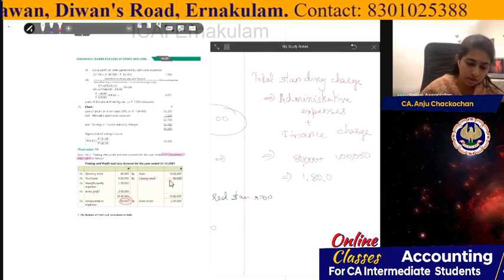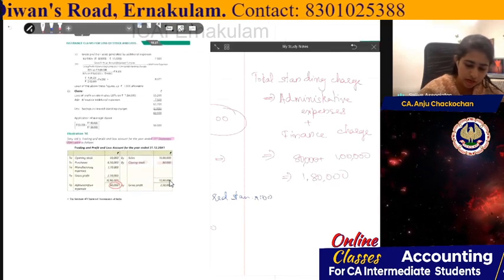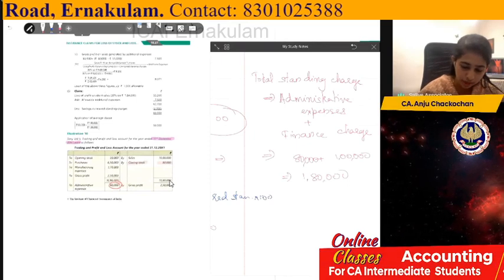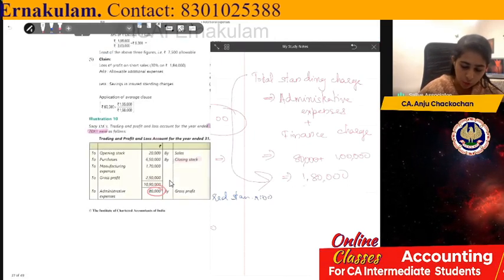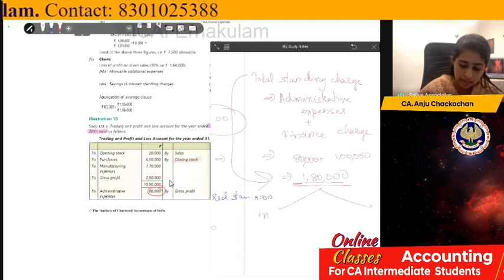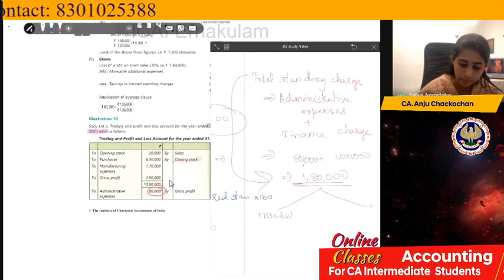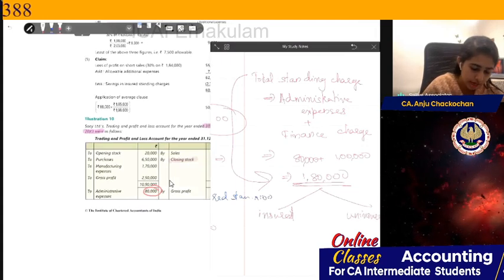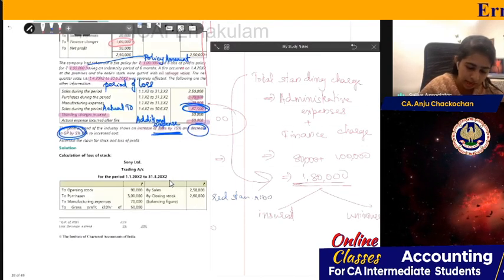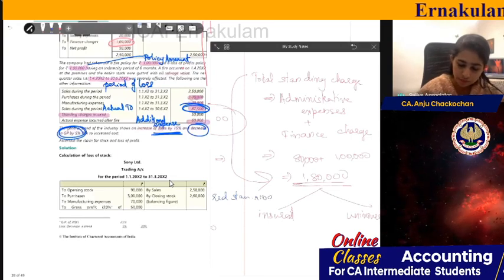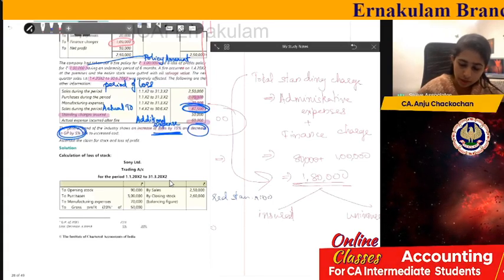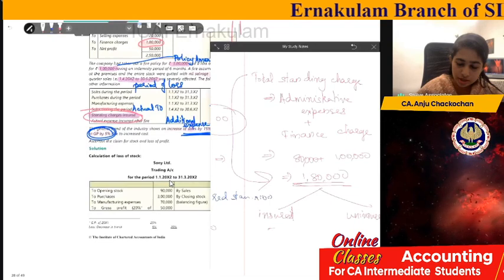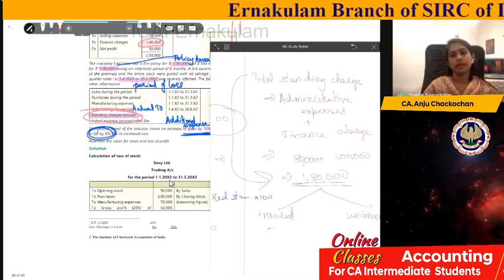So our total standing charge is 1,80,000, and of which we have both insured part and uninsured part. And the insured standing charges is given in the question as 50,000. So the uninsured standing charge happens to be 1,30,000.